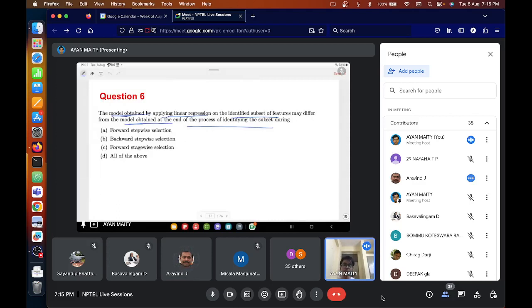We take a new feature which is not already present in our subset, add it to the subset, and create a model to find out whether the accuracy has improved or declined. Based on that, we either add it or we don't. We are not creating a model in the process of identifying the subset. We are just training the model to see whether to add that feature or not.